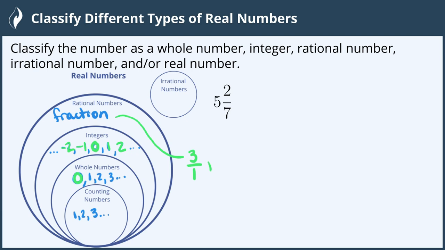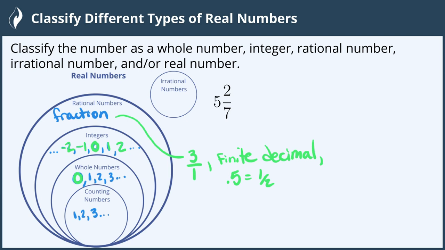Another way to write a fraction is by a finite decimal, a decimal that ends or terminates, such as the decimal 0.5, which is the fraction 1/2. We can also have infinite decimals.